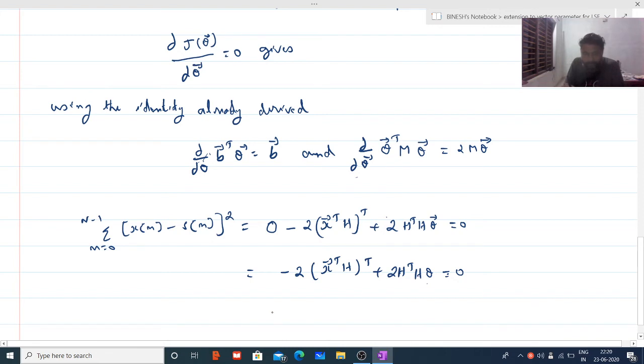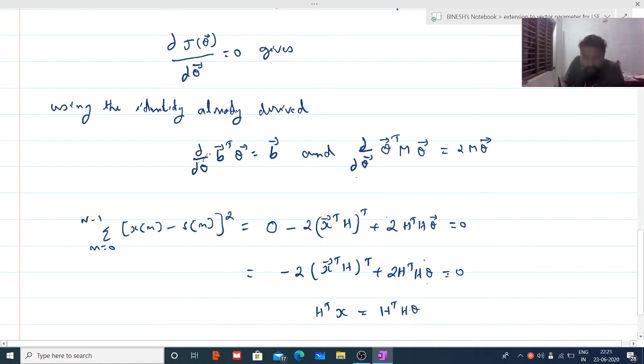So I can write that as 2 H transpose H theta is equal to 2 H transpose X, so H transpose X can be written as H transpose H theta.